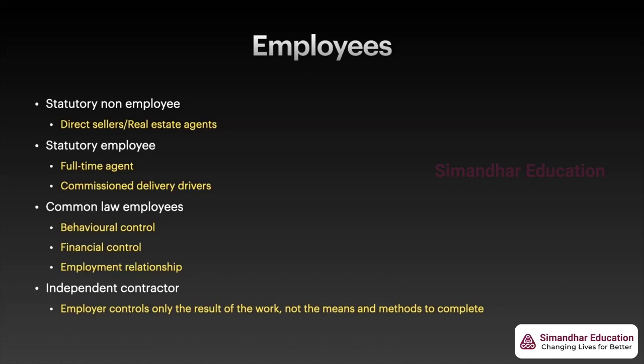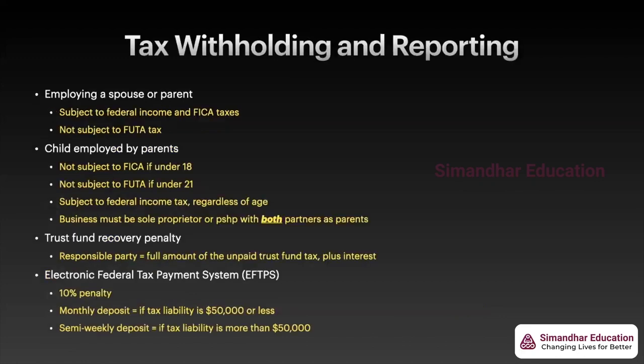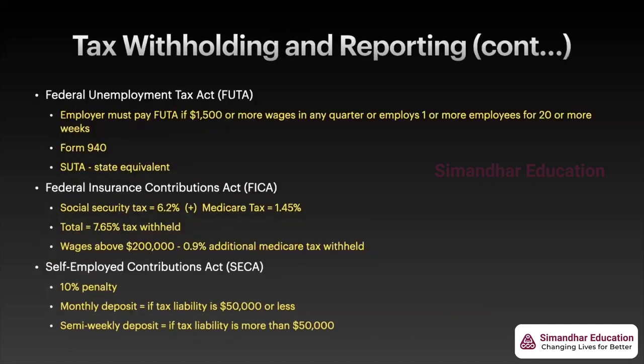Now these are classified into Social Security and Medicare taxes, which is your FICA that we spoke about. Your Social Security tax is at 6.2% and your Medicare tax is at 1.45%. That is your FICA. There is also the unemployment tax, FUTA.